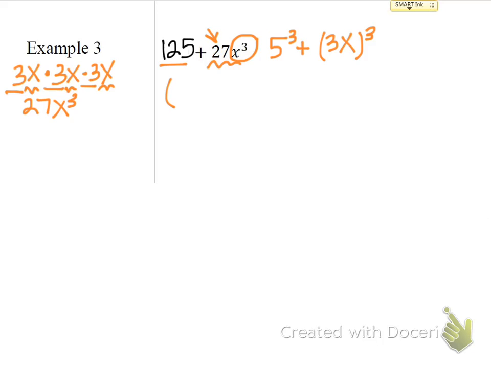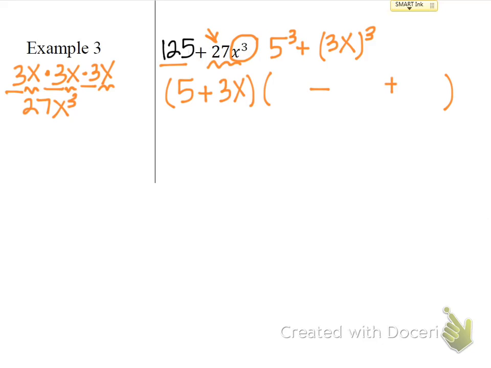So I'm going to set up my small parentheses and my big parentheses. Same, opposite, always positive. And now I'm just going to fill in the blanks. In the small parentheses, the blanks are just the bases, so 5 and 3x.